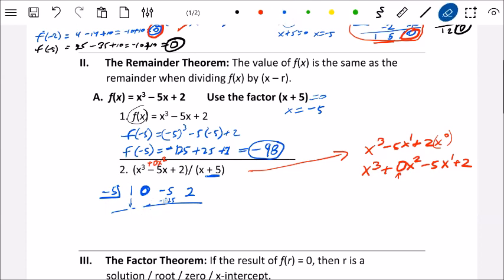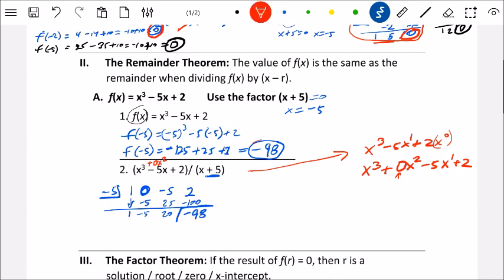So hold on, let me go back and fix these. I wrote negative 5 there when I meant to write 1. So multiplying those gives a negative 5. Add these and multiply them gives me a 25. 25 minus 5 is 20. Now when I multiply these, I get negative 100, and then add them for a negative 98.